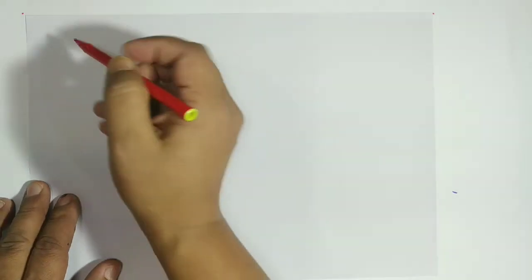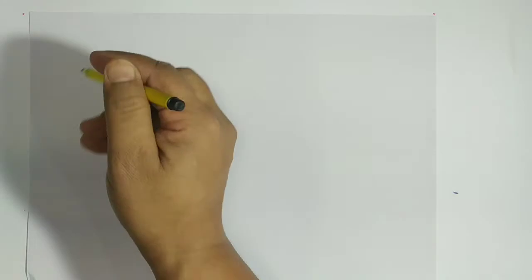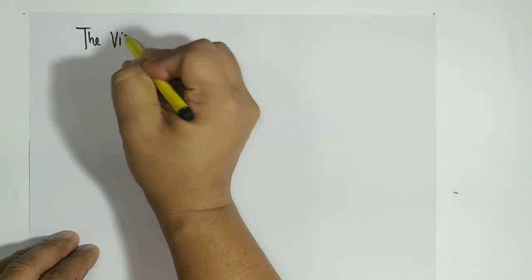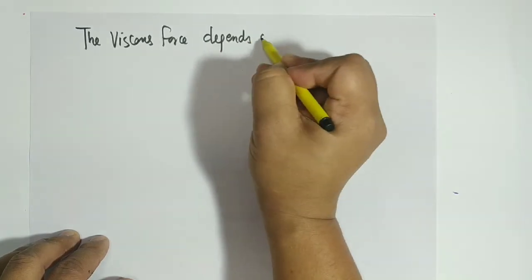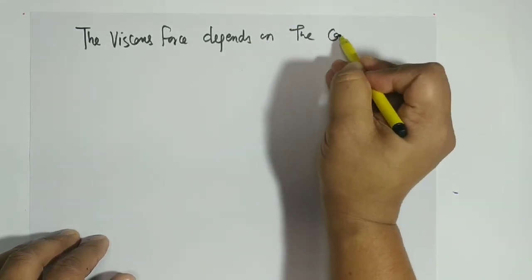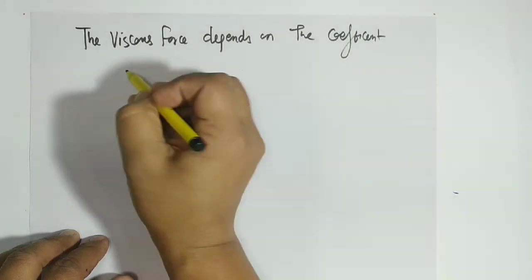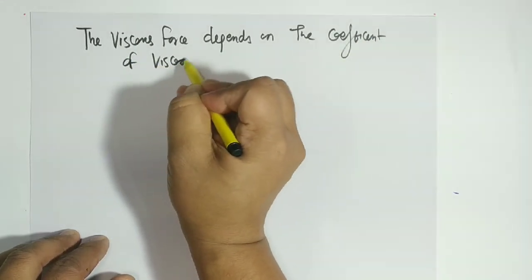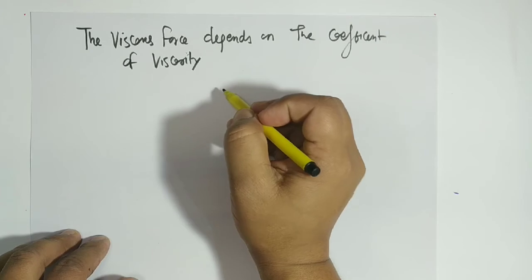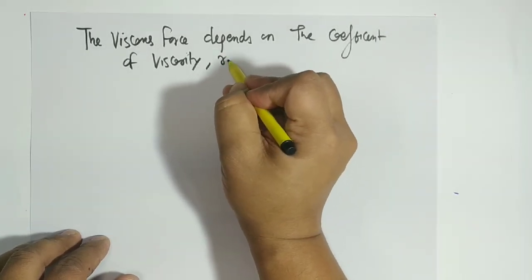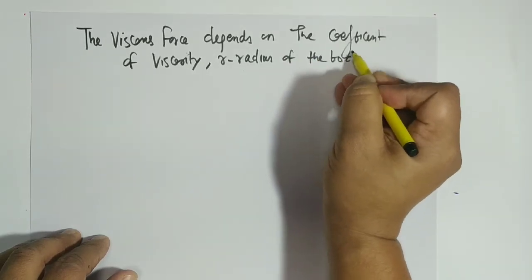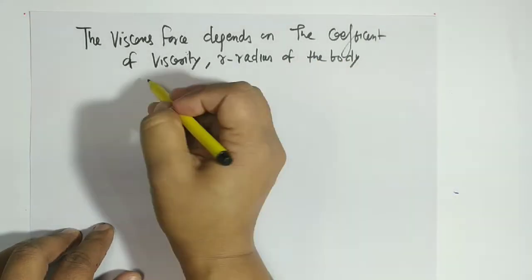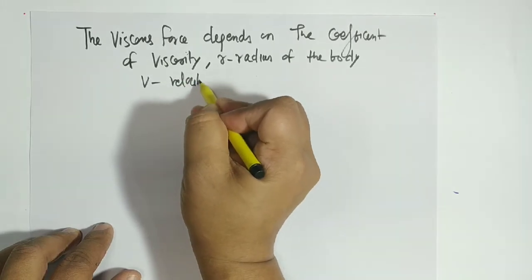Say the question comes: the viscous force depends on the coefficient of viscosity, the radius of the body, and then v, the velocity of the body.